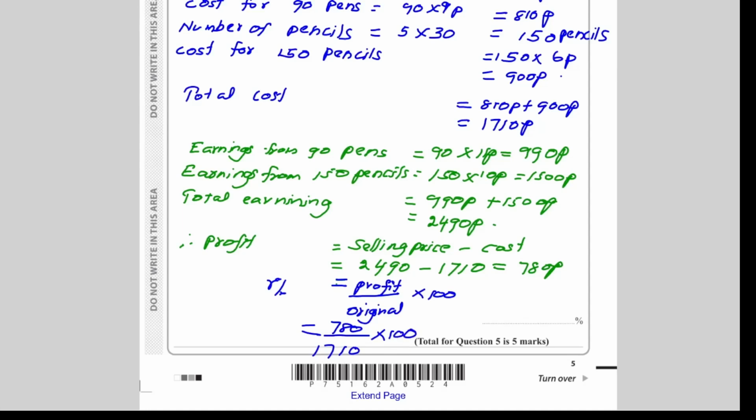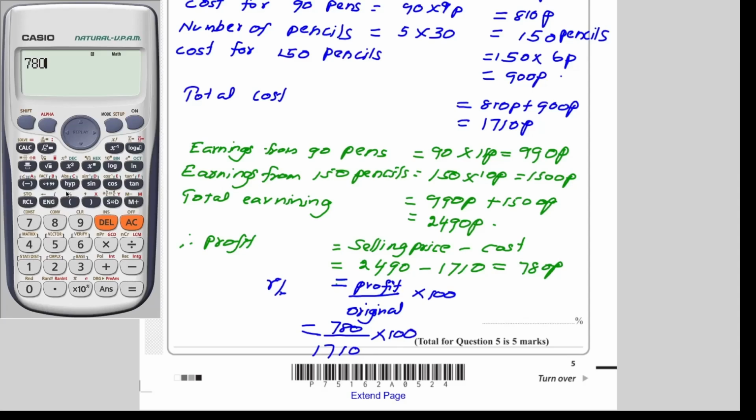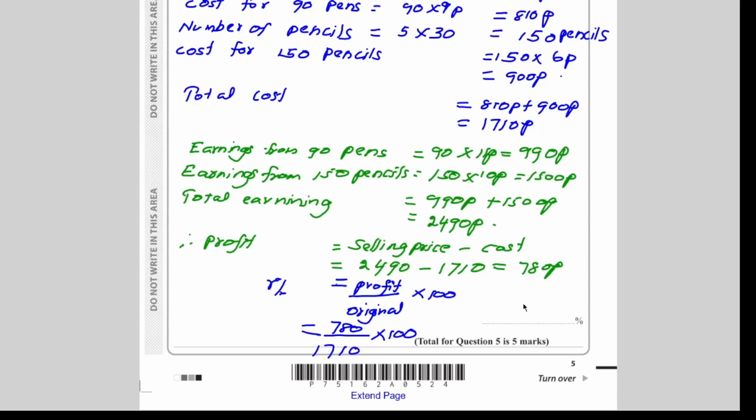Use the calculator and plug in the values: 780 over 1710 into 100. It is 45.6. That's the answer.